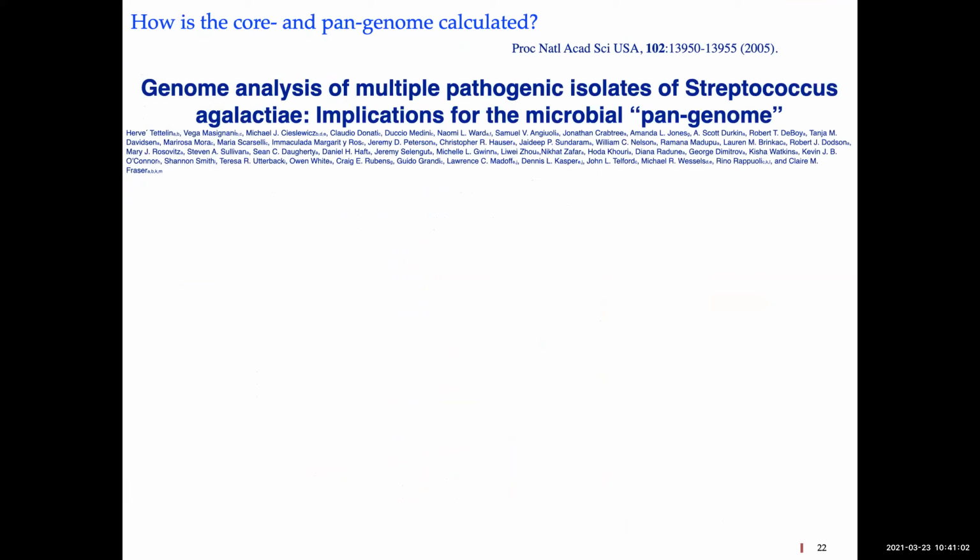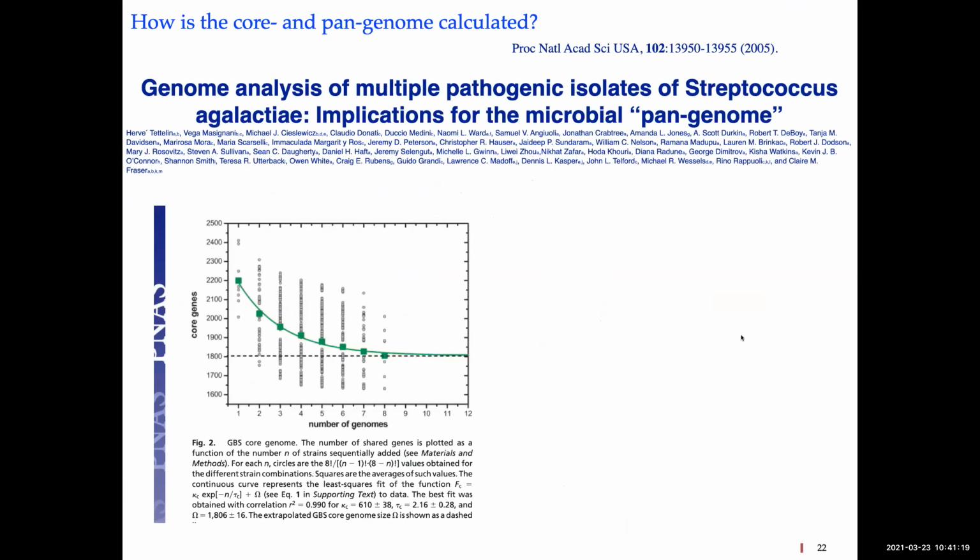Okay, so this is from a paper back in 2005. So this is 16 years ago. And this paper, when it came out, Tettelin, this is basically what defines a core and pan genome. So this paper was very much setting the standard. At that time they had 8 Streptococcus genomes, and that was a lot back then.